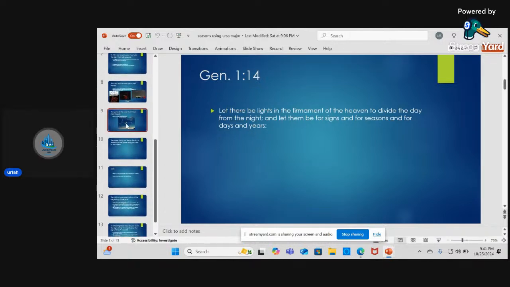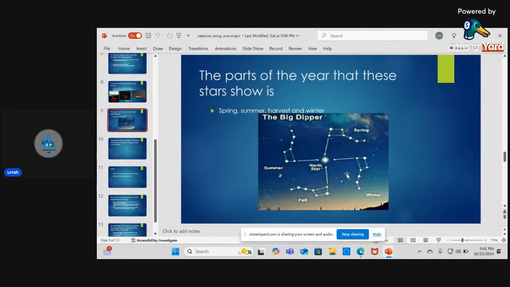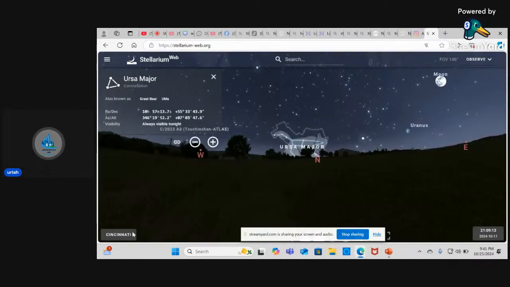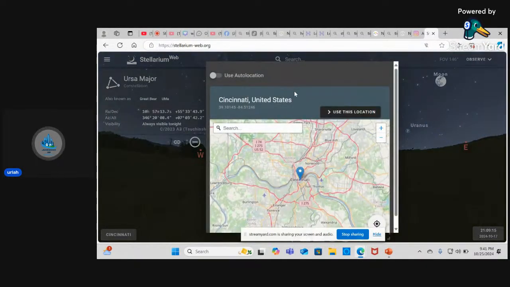And what I did in this presentation is showed you that it's a simple light that you can utilize to look to see what month you're in and what season you're in. We don't have to call Jerusalem to see this. Like I said, the same thing you see in Cincinnati, we can go to Jerusalem.